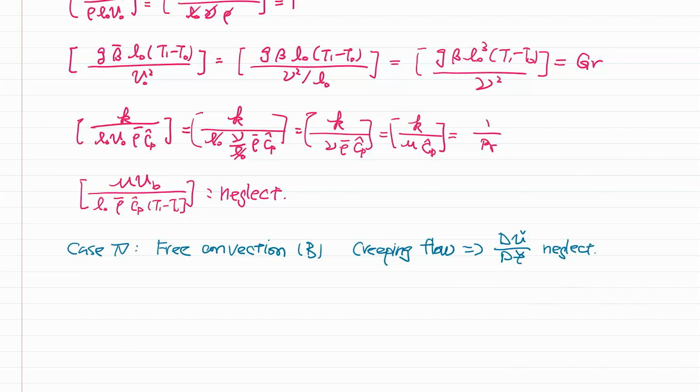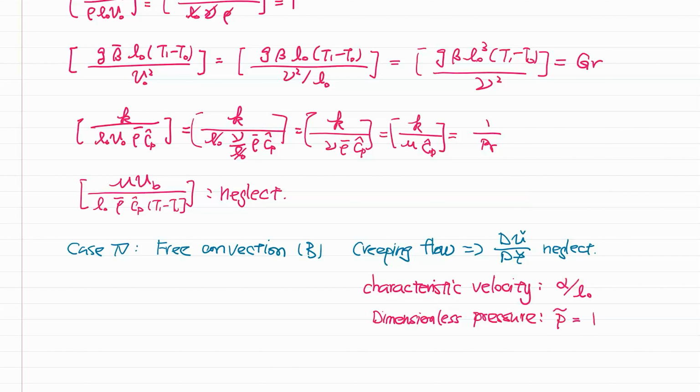Here you have a different choice of the characteristic velocity. Instead of using the kinematic viscosity over L naught, we use the thermal diffusivity over L naught. And we also have the dimensionless pressure being the Prandtl number times the dimensionless pressure.